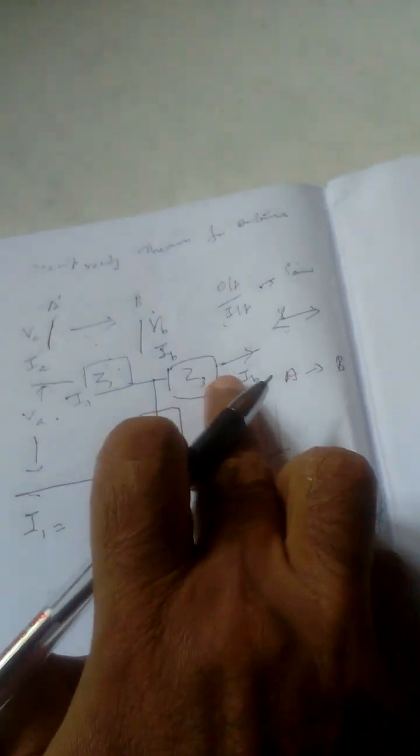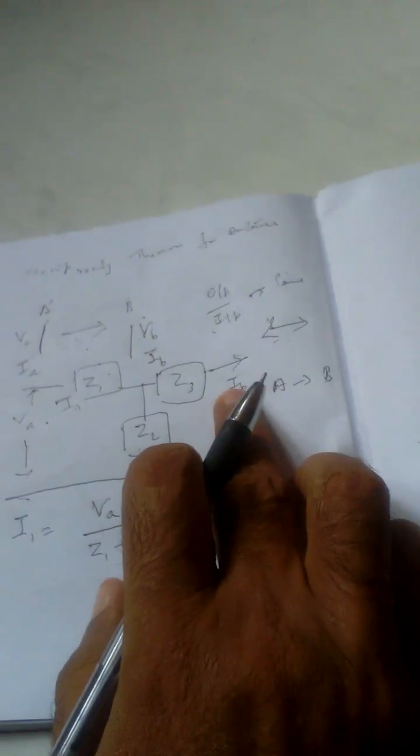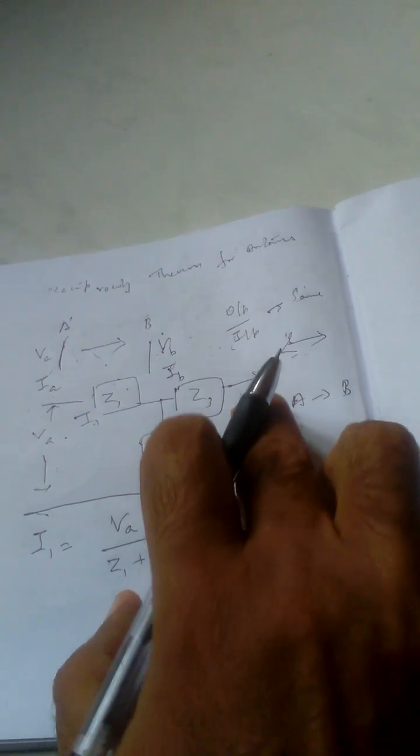Now I have to find the current flowing through this Z3, that means the current flowing through terminal B, that is IB.